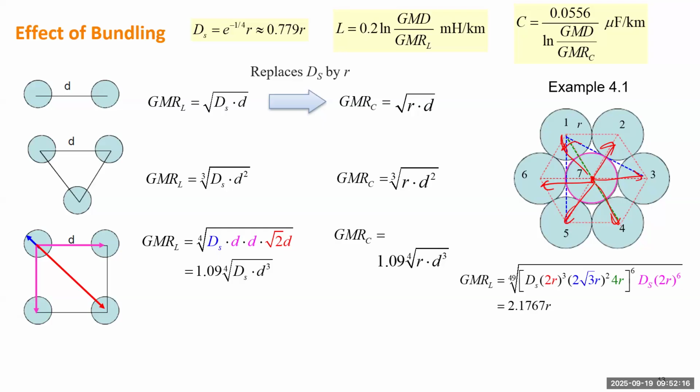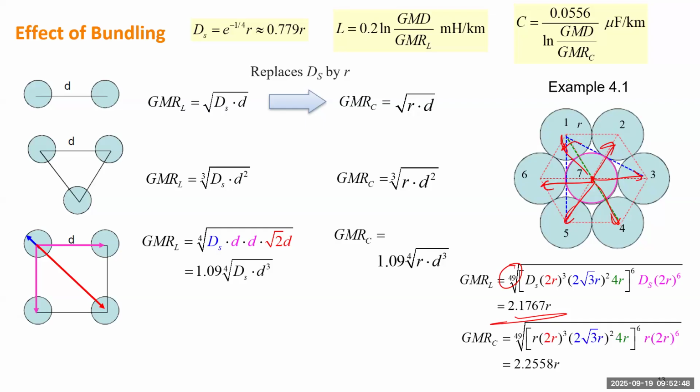The last item uses number 7 as the reference: the radius of itself and the distance to the other 6. The first item in the bracket just changes the reference from 1 to 6. You have a total of 49 such elements as factors in the product. Simplifying this gives about 2.17 times the radius.